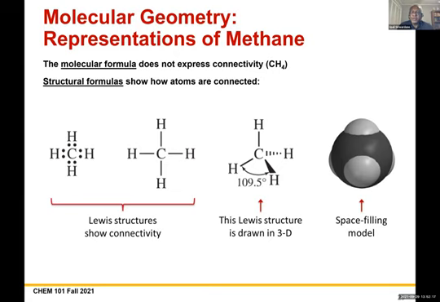So according to valence shell electron pair repulsion, in the Lewis structure there are 4 bonding electron pairs, so the structure is tetrahedral. In the space filling model, the electron distribution also takes up a tetrahedral shape.